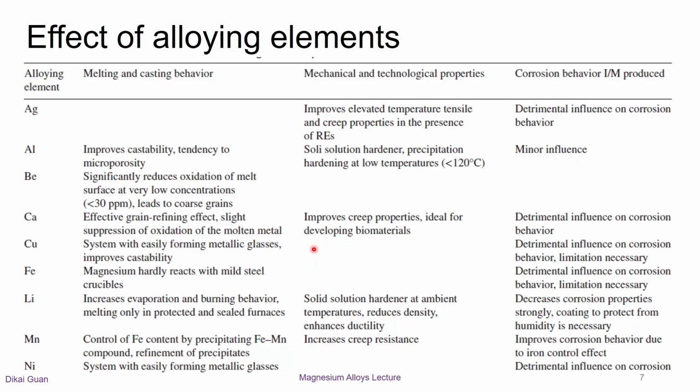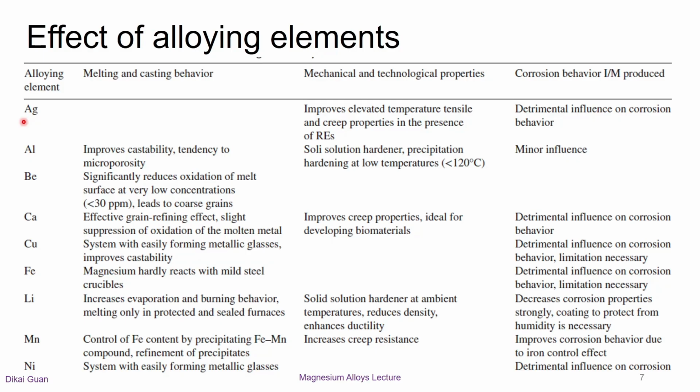This table lists the effects of main alloy elements and impurities on magnesium alloys' performance. I will choose some elements as examples. Silver can improve strength and creep properties of magnesium alloys at elevated temperature, especially with the existence of rare earth elements.